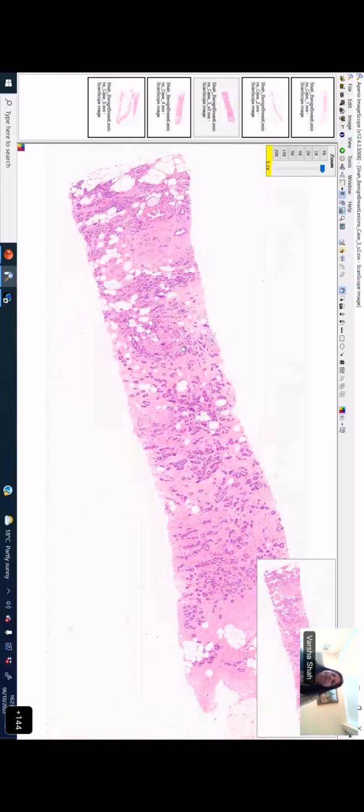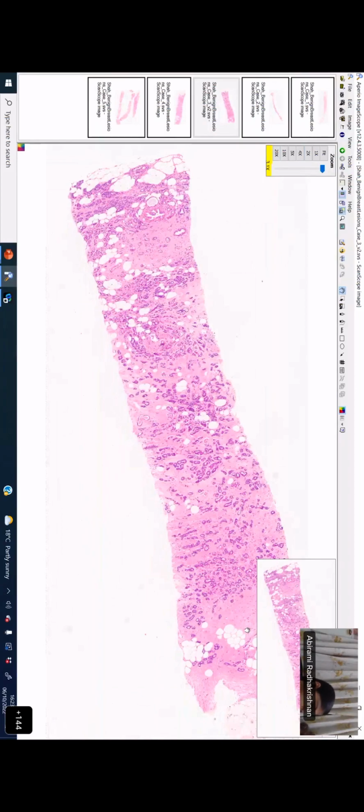Okay, this is case 3. Case 3 history is a 55-year-old female, screening mammogram, architectural distortion suspicious for malignancy, R4. Amita, do you want to describe this? Yes, madam.